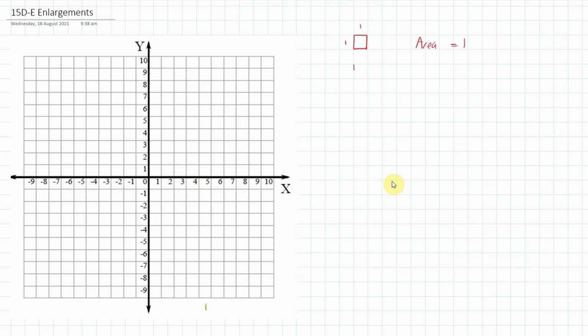So instead of 1 by 1, it's now going to be 3 by 3. So we've times this by 3, and we've times this by 3. And now you can see that the area will be equal to 9 squares, 3 by 3. And so the scale factor of enlargement is, in this case, 3.